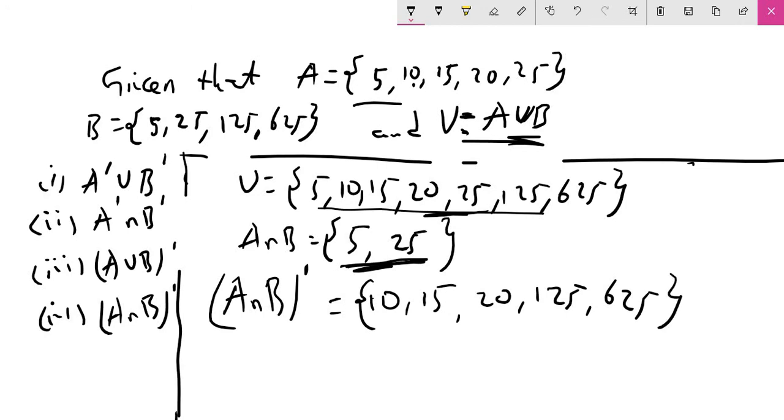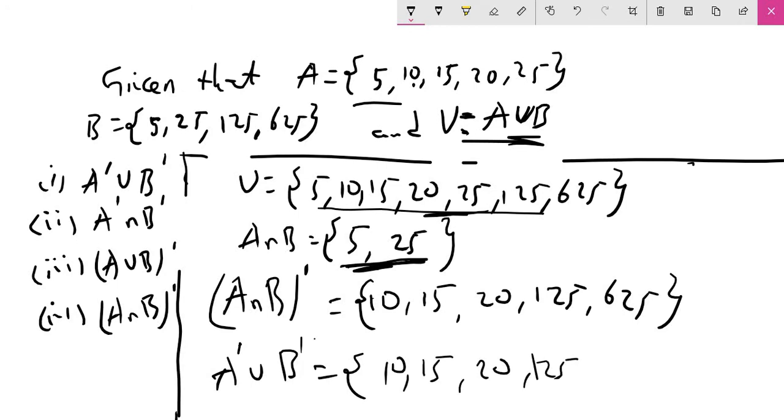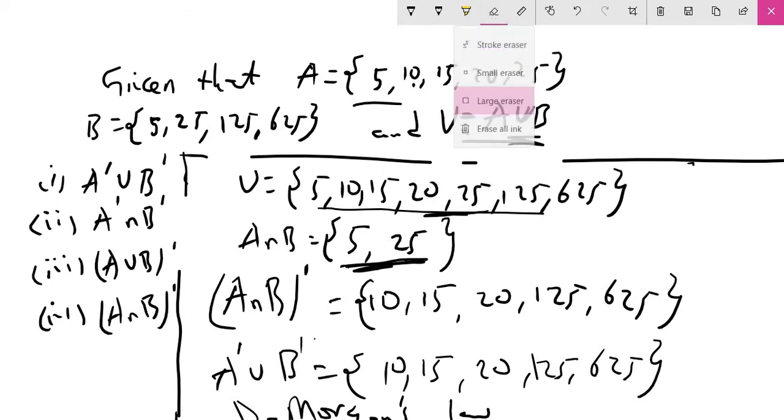Now if you recall, this was the same as when we solved this. This also gave 10, 15, 20, 125, and 625. And like I said before, this is De Morgan's law. And that does this particular problem.